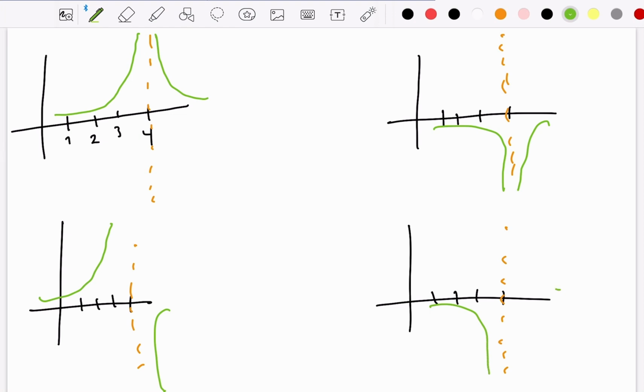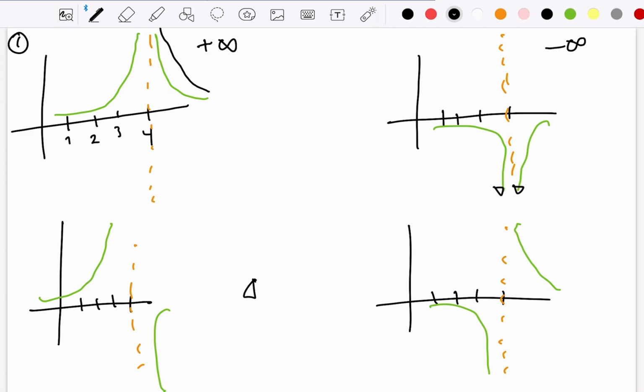In the first one, what is the number that I'm approaching in y as x approaches 4 in x? We're approaching positive infinity, right? On this side, the number that I am approaching is negative infinity, because here I'm going down.